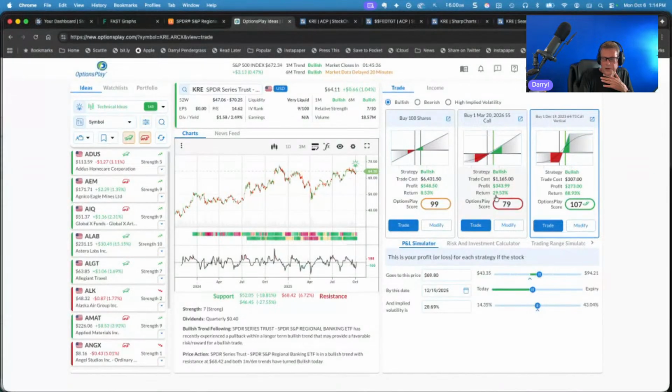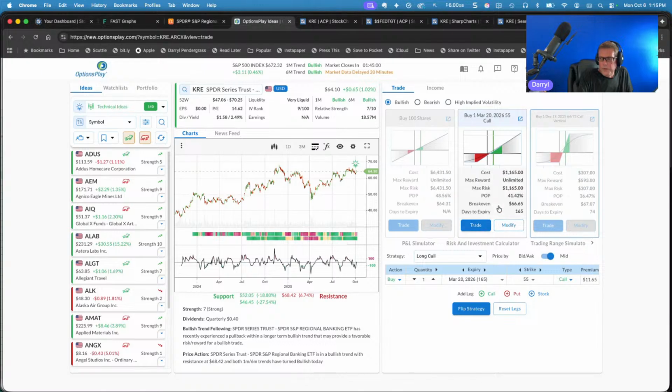If I bought the shares outright and I'm modeling 10%, then I would have a 10% gain. So since I have a pretty high confidence level in the performance of KRE in the fourth quarter, I can use options to leverage that for me and boost my return based on that level of confidence. So that'll be about a 29% return, $343.